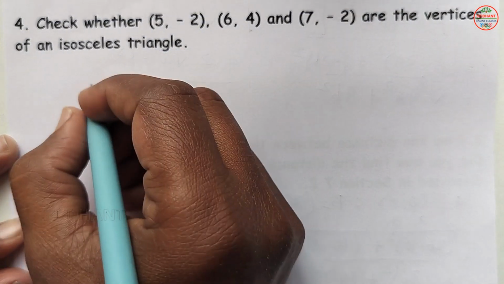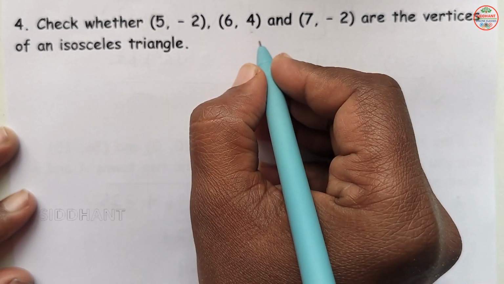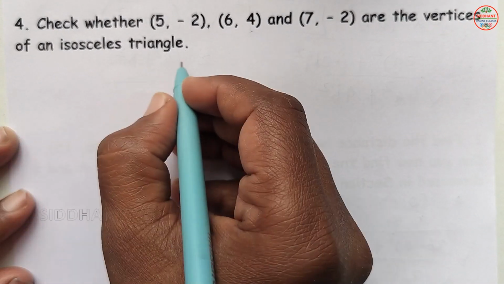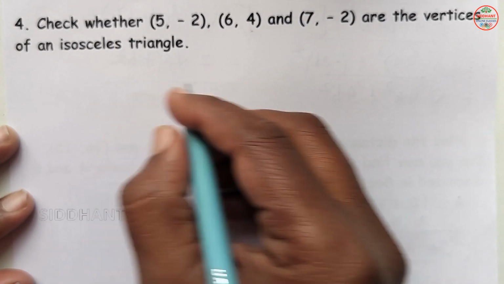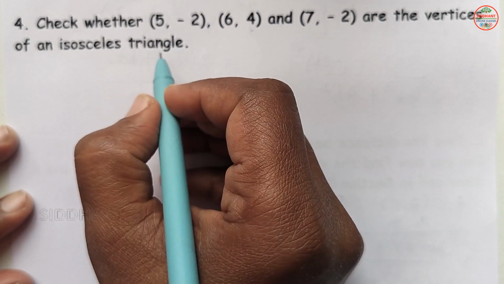Question number 4. Check whether 5, minus 2, 6, 4 and 7, minus 2 are the vertices of an isosceles triangle. So we know that in an isosceles triangle, two sides will be equal.